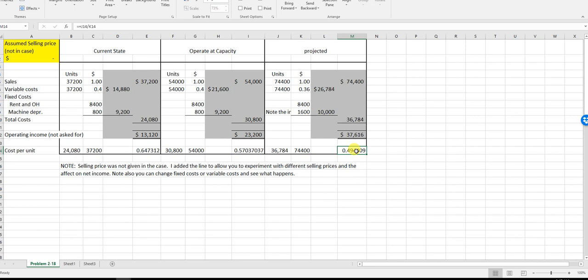It now goes down to 49 cents, mainly because of this cheaper 4 cents and the fact that I'm spreading these $8,400 of rent and overhead over 74,400 units rather than the other one. So again, I can play around with this income statement and change my units. If I want to, let's say, sell 70,000 units, 7,000, etc., it's just a matter of making a spreadsheet and playing with it. This is called sensitivity analysis. So I'll pause that. Okay.